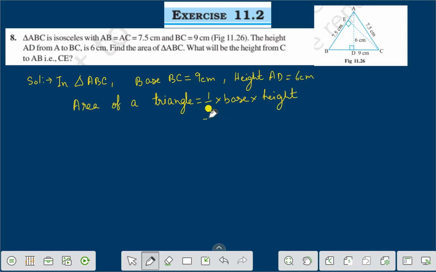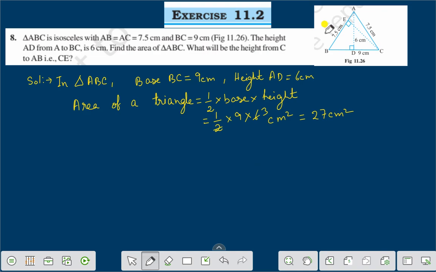Therefore, we get half into base. What is the base here? Base is 9. And what is the height? Height is 6. And this is an area, so the unit will be centimeter square. Half of 6 is 3, and 3 times 9 is 27 centimeter square.